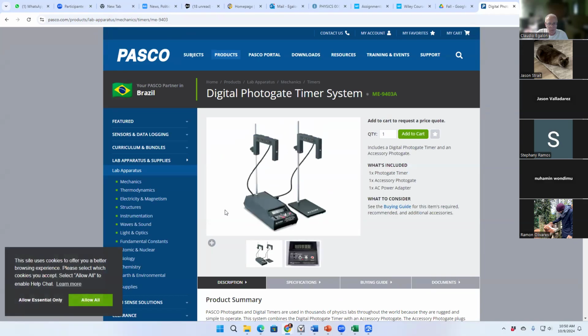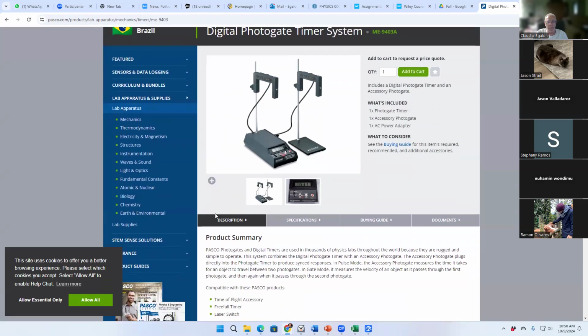Our photo gate looks exactly like this one here. Here's an LCD screen that displays the amount of time that it takes for an object to cross this photo gate, this little jar here. Okay, that's how it looks. This photo gate can be used in conjunction with this accessory photo gate.